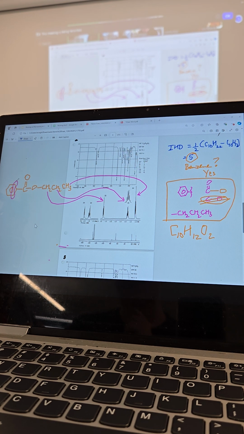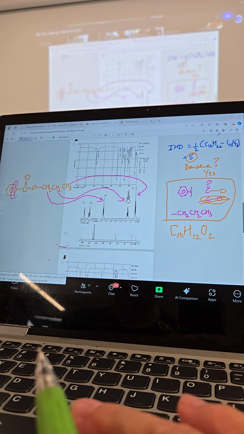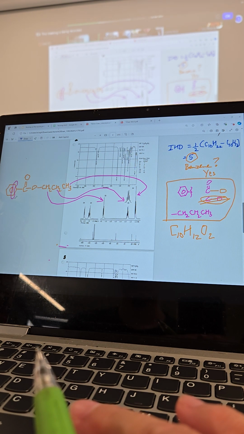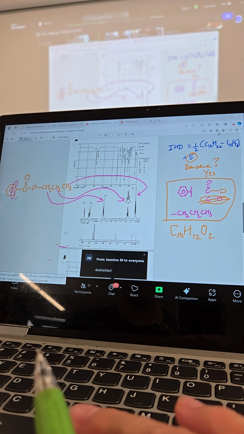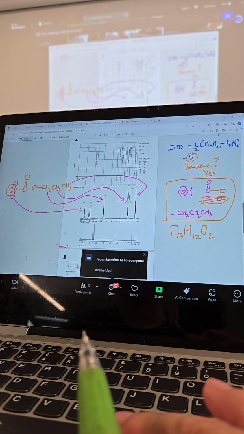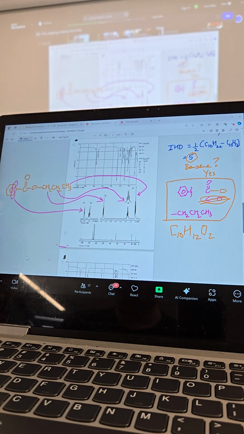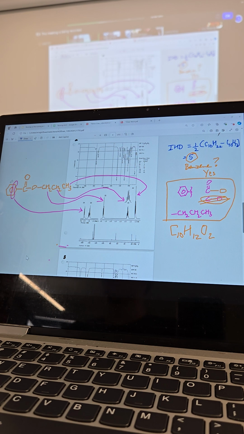Yeah, upper 2. Should they be more shielded or de-shielded? They should be more de-shielded because of resonance. Okay, yeah. So those two hydrogens are showing up there, whereas these three hydrogens are showing up here. Of course, those are so close to each other that they couldn't be separated, which is why they've been clubbed together.